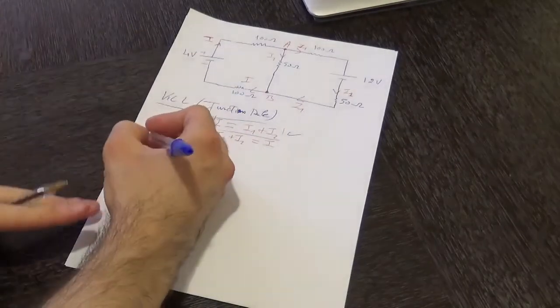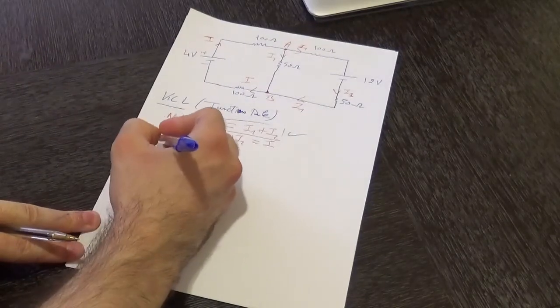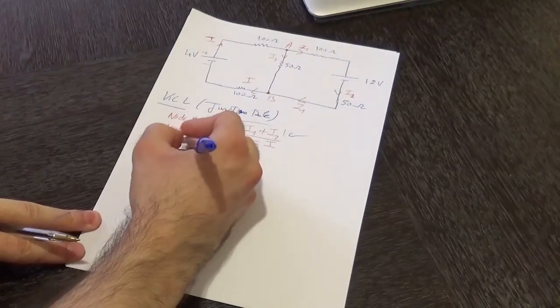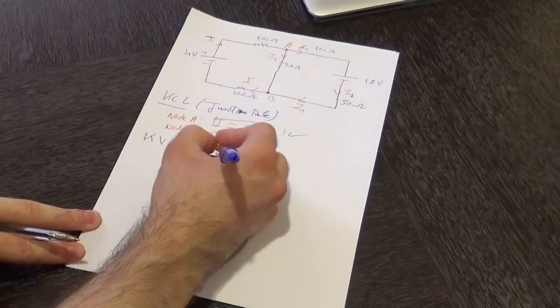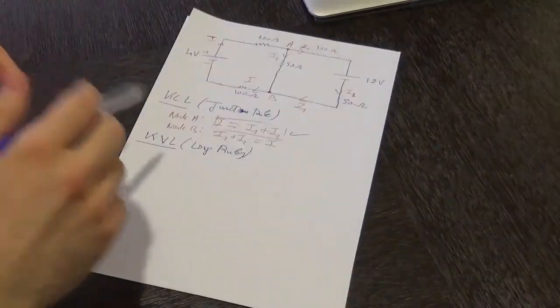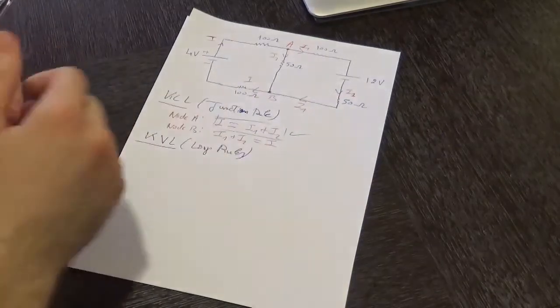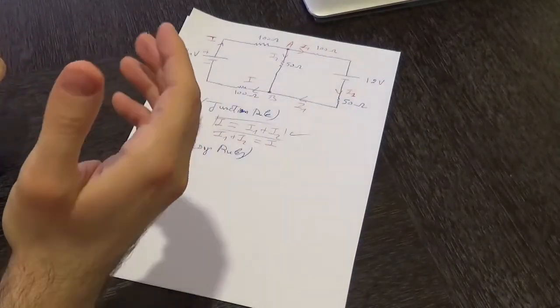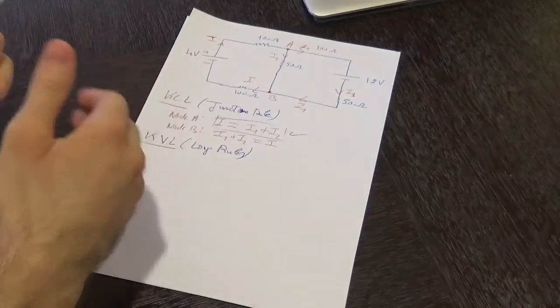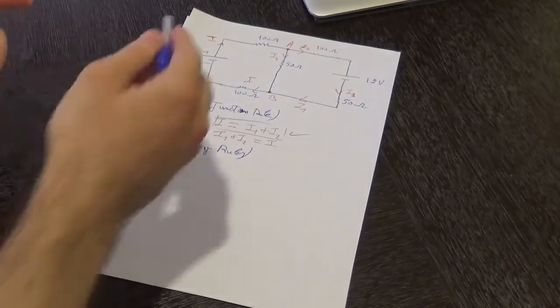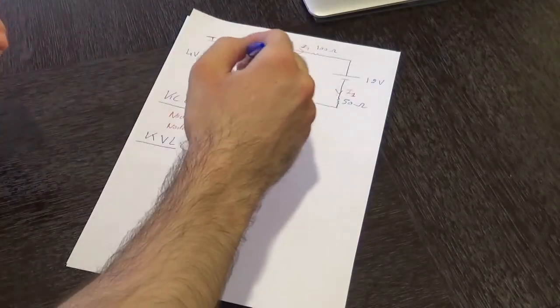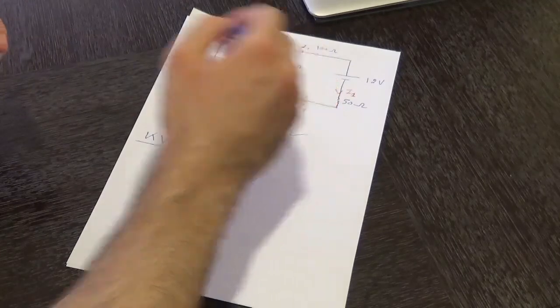Now regarding KVL, after establishing KCL, we are going to be establishing equations for KVL, or simply the loop rule. When it comes to applying the loop rule, you need to indicate within each loop the direction that you are going to be moving around when applying the voltage rule. Meaning, are you going to be moving in a clockwise manner within that loop or in an anti-clockwise manner?